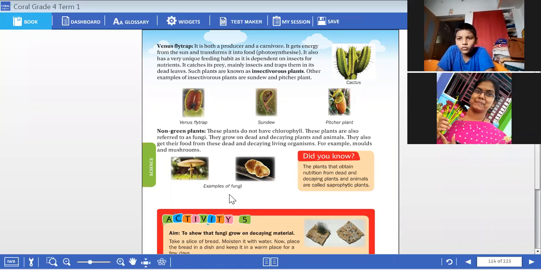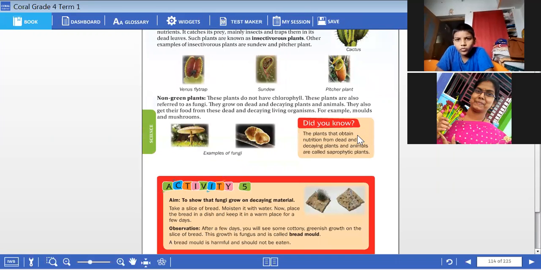These non-green plants are also called fungi. We came to know about three different and weird plants: cactus, Venus flytrap, and non-green plants.